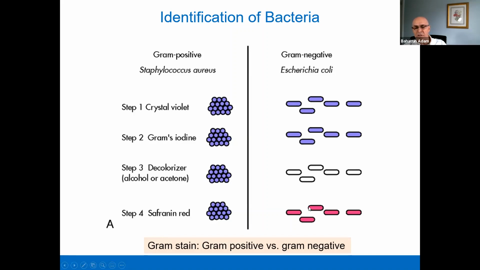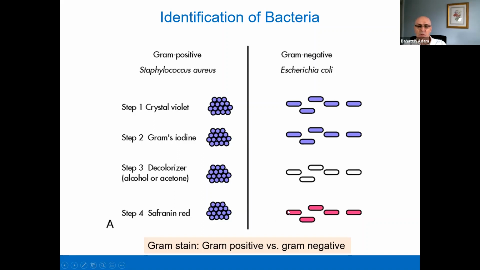It can be either safranin or fuchsin. And then gram-negative bacteria will stain with safranin or fuchsin, and the appearance is, as you see here, pink or red.